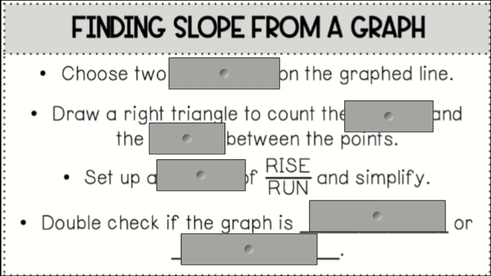All right, so when we find slope from a graph, what we have to do is first choose 2 points. We need 2. This will probably make more sense when I give the example in a second, okay?